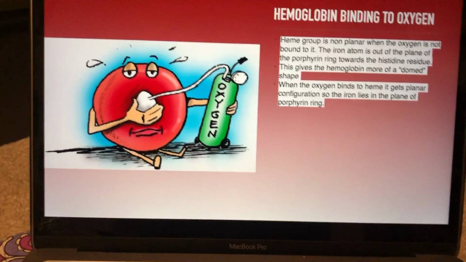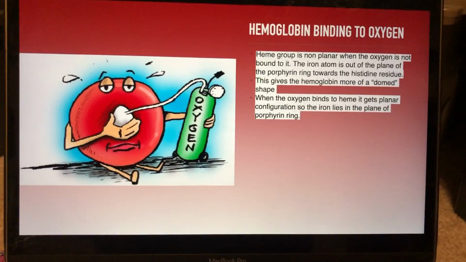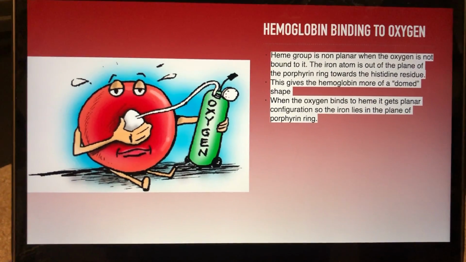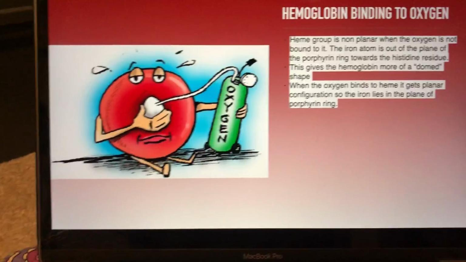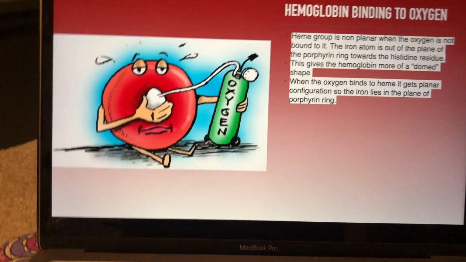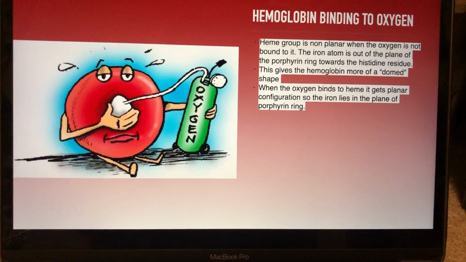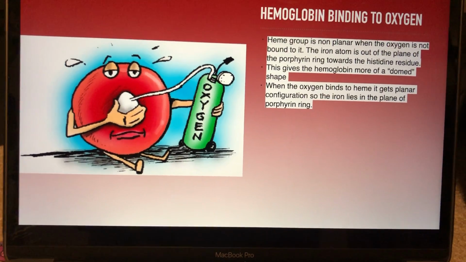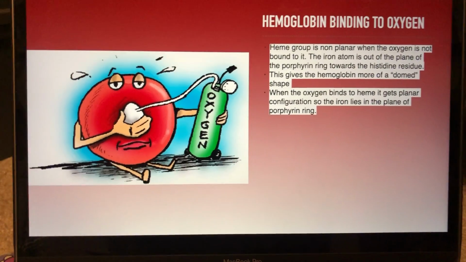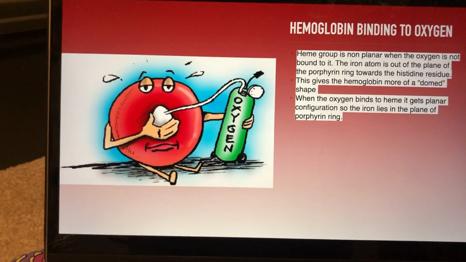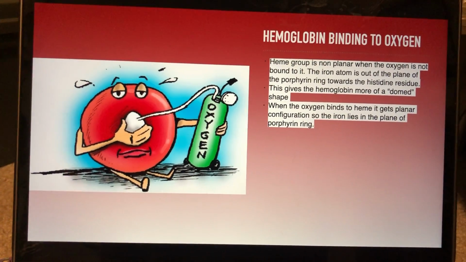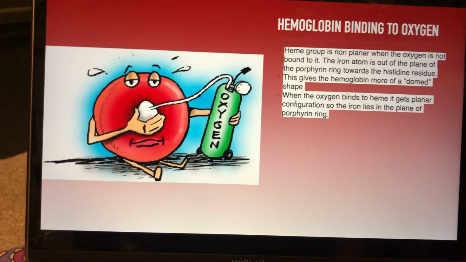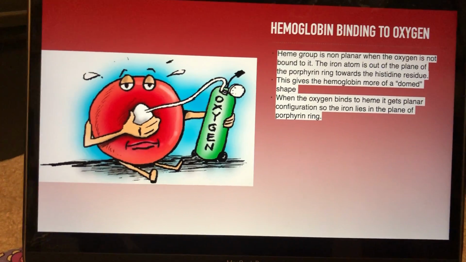So first off, talking about hemoglobin binding to the oxygen, and I mixed in the different structural changes between this and the next slide, so they're kind of mixed in together. The heme group in the hemoglobin is non-planar before the oxygen becomes bound to it.